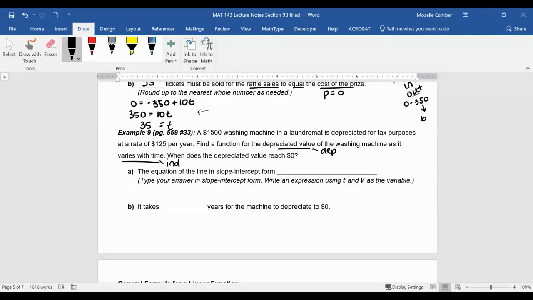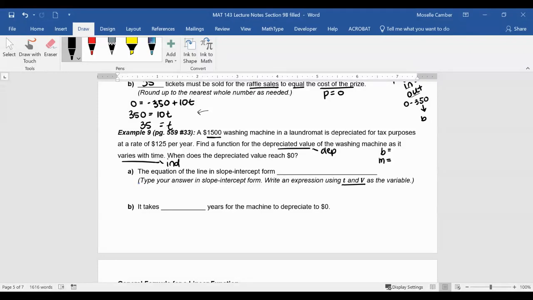And we see in our directions here that we want to use t and v as our variables. So of course t would be time and v would be your value. So we need to know what our b and our m is. We know that our dependent is this value, so we need an initial or beginning value. And we see that it starts at $1,500.